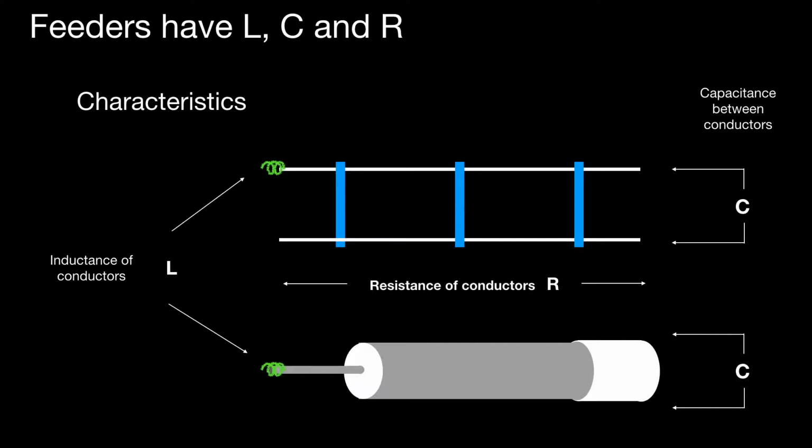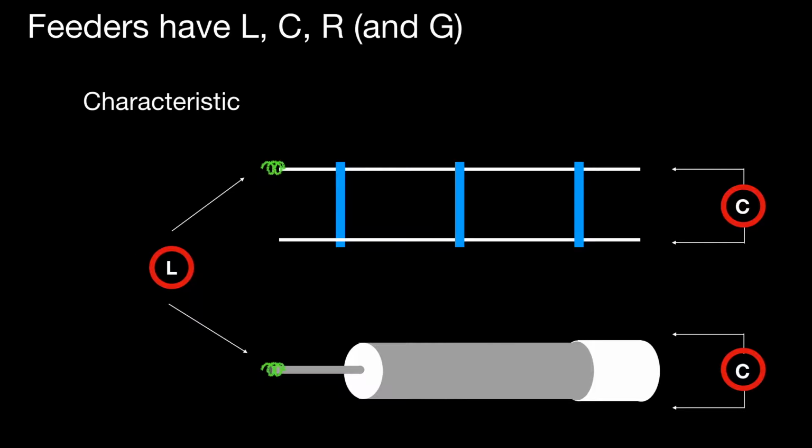There will also be capacitance between the conductors and earth, and that will depend on the siting of the coax. So there we have it. L and C are the main characteristics, and we tend to ignore R. But as we say, R does contribute to the loss.